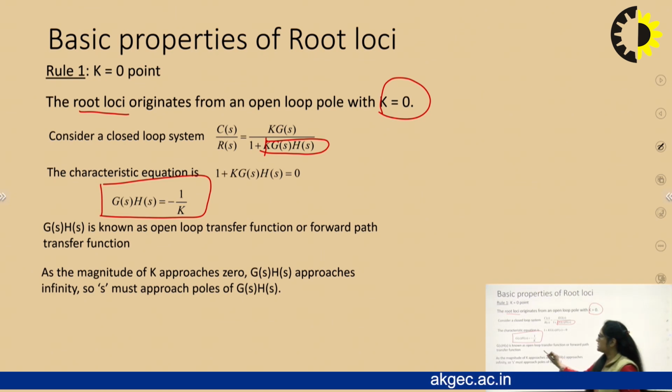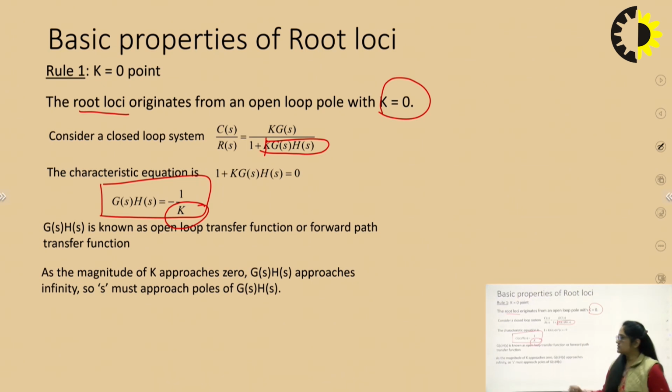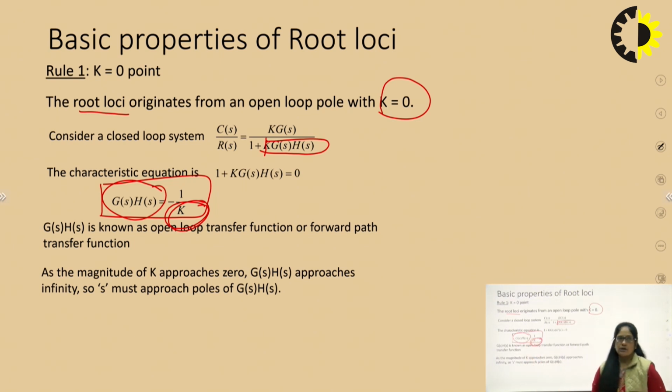G(s)H(s) is known as the open loop transfer function or forward path transfer function. Now as the magnitude of K approaches 0, it means that G(s)H(s) approaches infinity. So when can G(s)H(s) approach infinity?